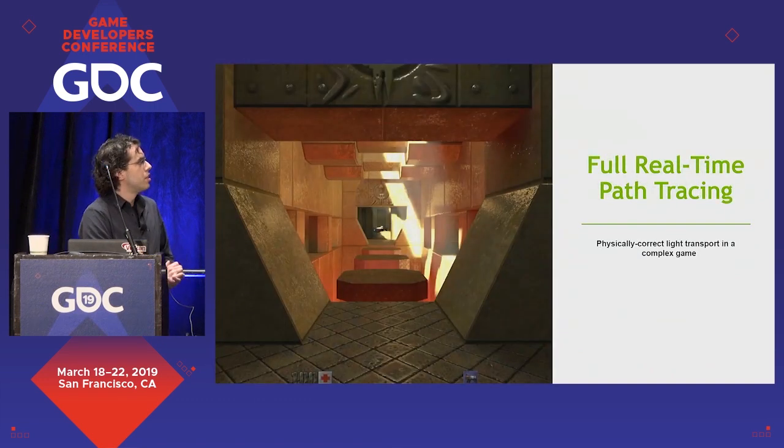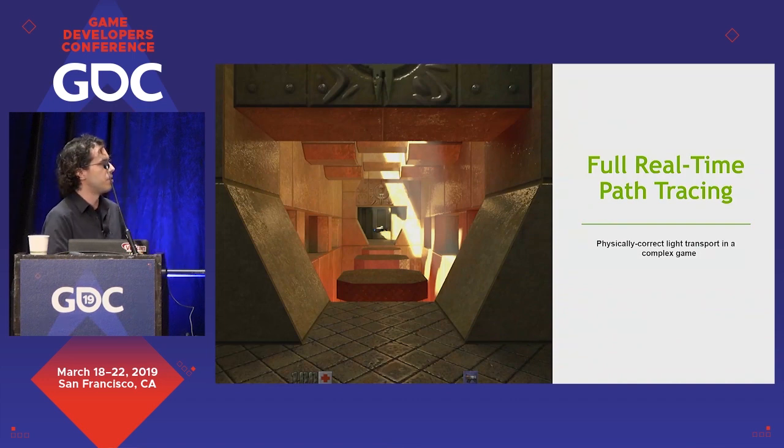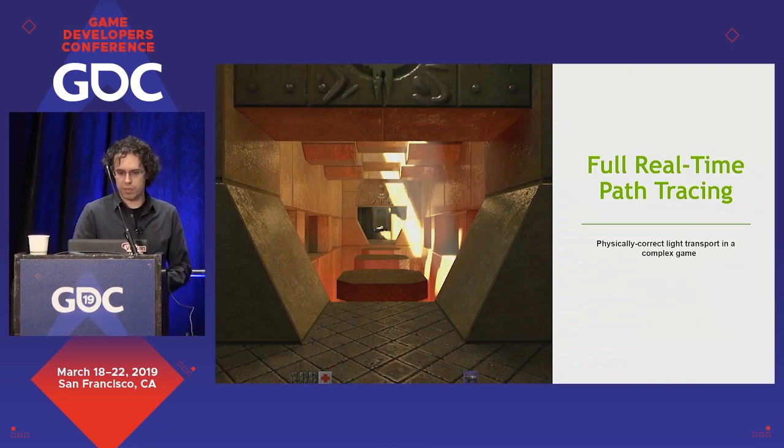But we've actually gone a bit further than that. Two days ago at the GTC keynote, we presented a version of Quake 2 that is fully path traced. And this is an image from that demo. What this demo does is actually full-blown path tracing in real time, right? There's no rasterization involved apart from the UI elements at the bottom and stuff like that.